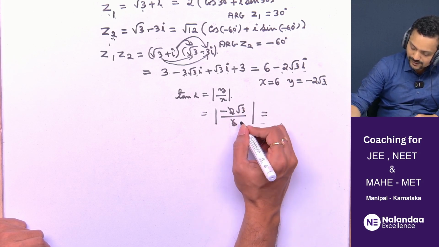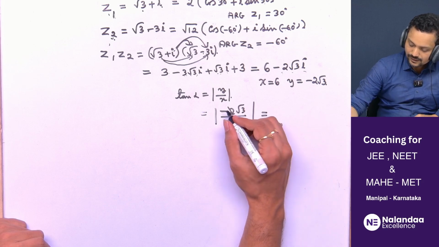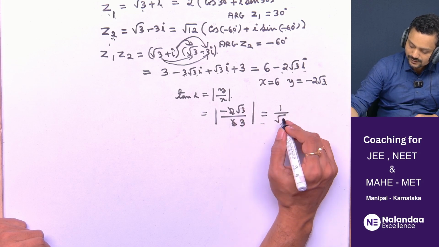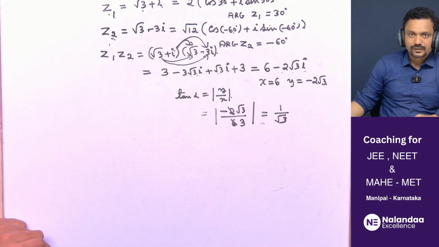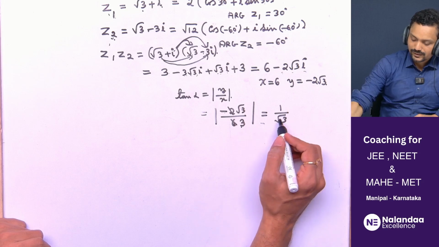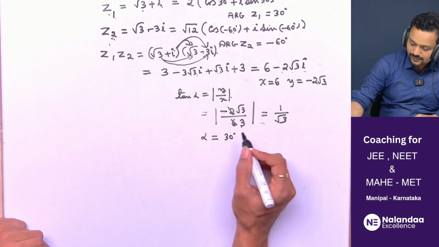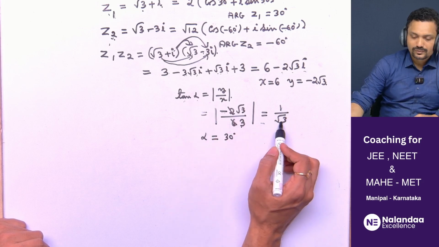Here 2 will cancel 3 times, and under the modulus minus will become plus, so you will get 1 by root 3. Correct, no? Root 3 by 3 is 1 by root 3. So from here we will get alpha is equal to 30 degrees, because tan 30 is 1 by root 3.